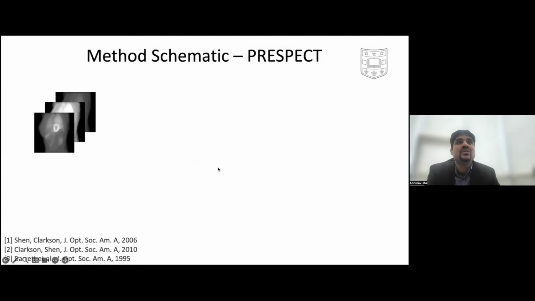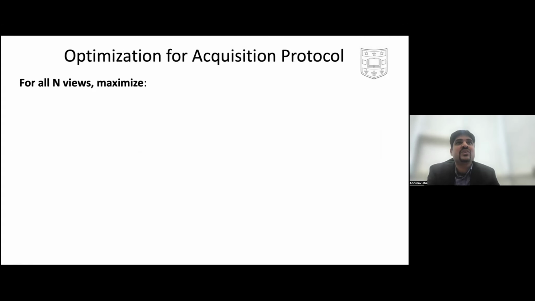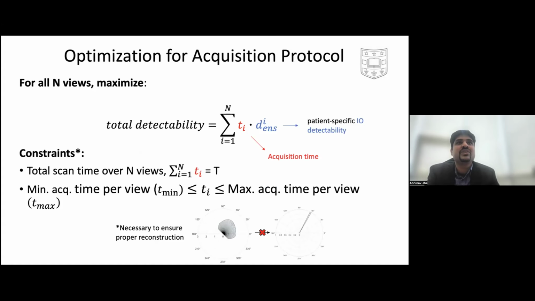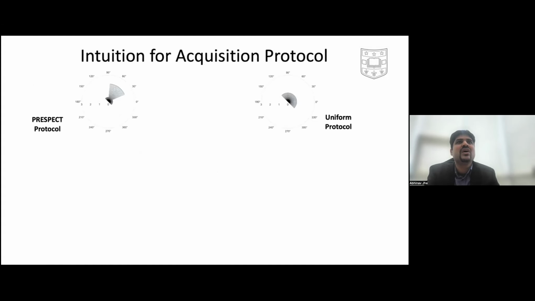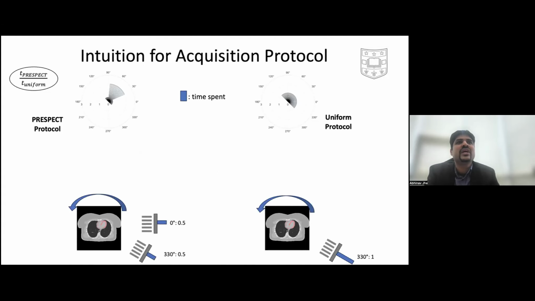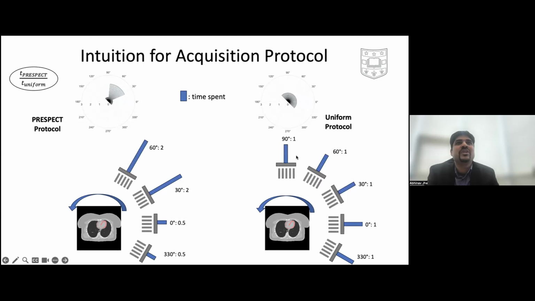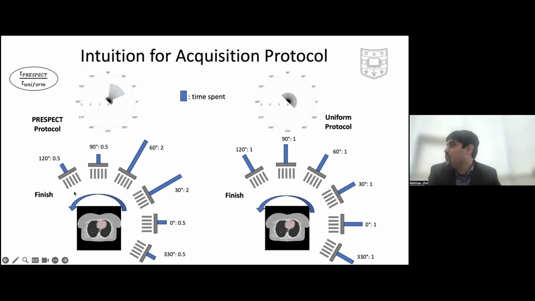So what you do is maximize this thing called total detectability. You can see here that your conventional protocol would look like this. You're spending the same amount of time. Using our protocol, you would find that some views provide more information compared to other views.